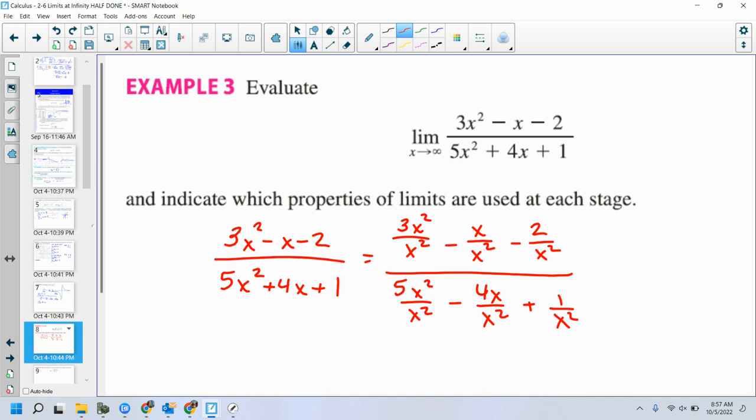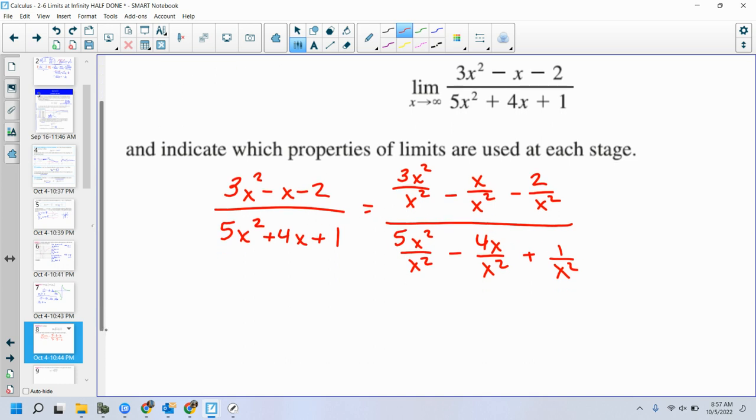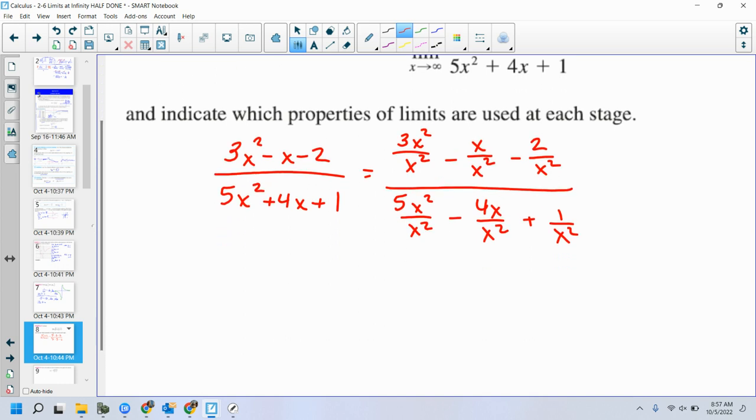This might seem tedious to you, and yes, once you get better at this, you can kind of skip this step because what is going to happen here? Things are going to cancel, right? Things are going to start canceling. So what is this going to equal? Well, that's just going to be 3. That's going to be 1 over x, right?